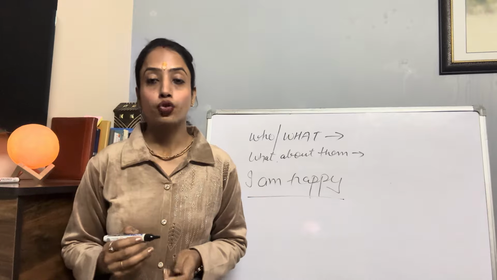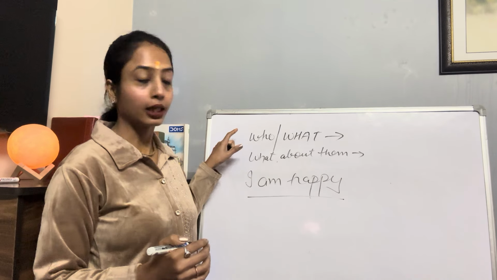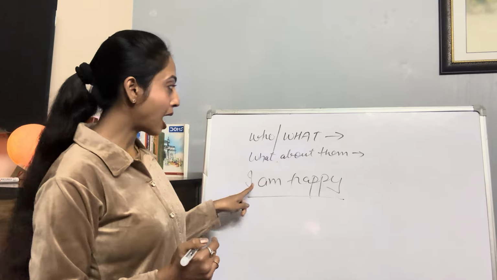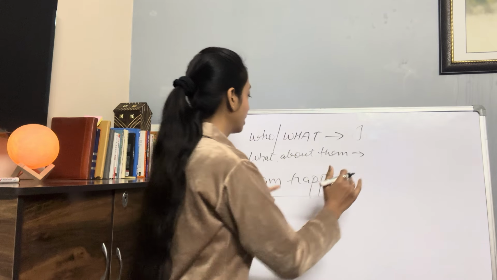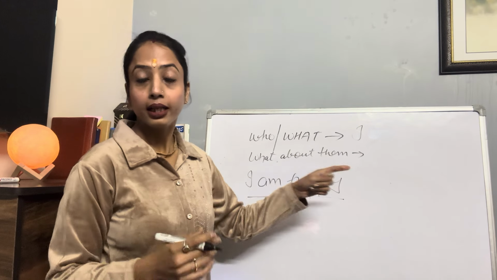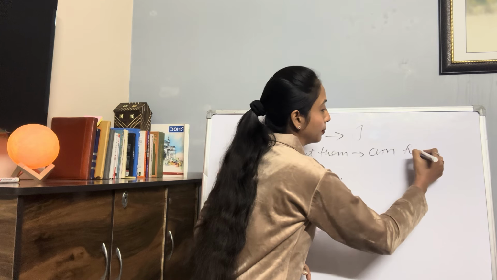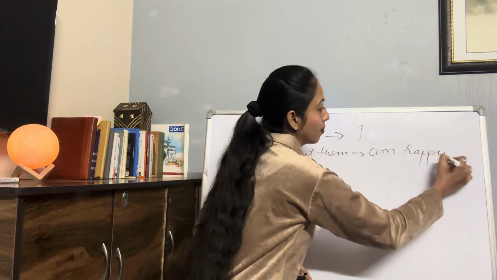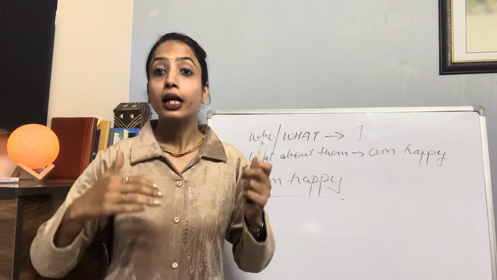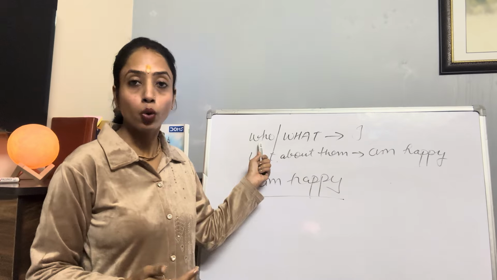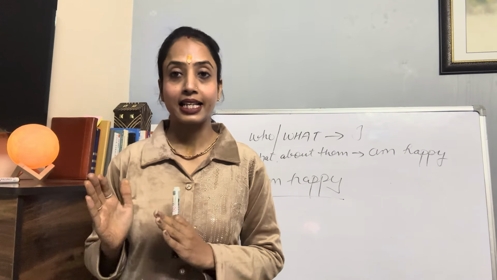Now, if we want to check whether this is a sentence or not, let's check here. Who is happy? I am happy. I am. I. And what about me? That I am happy. So every sentence that gives you information about who and what about them is a complete sentence.